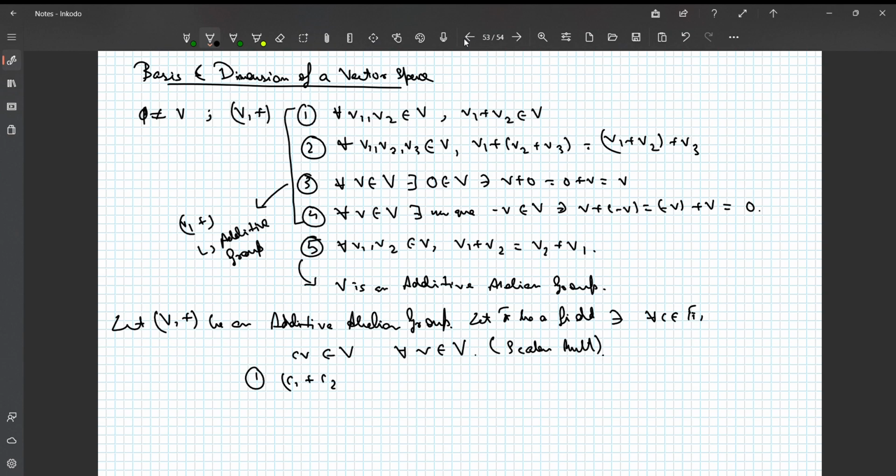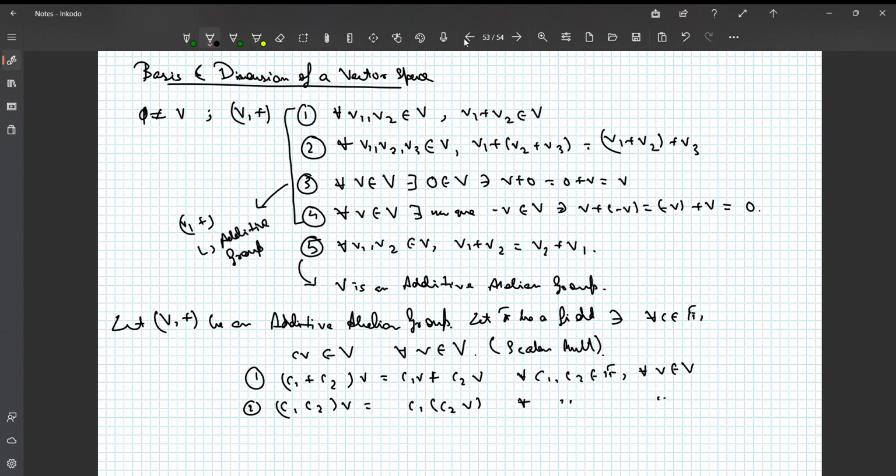That is, for all c1, c2 in F, (c1 plus c2)v is equal to c1v plus c2v. This happens for all c1, c2 in F, for all small v in capital V. Number two, if you have c1, c2 with v, then you can associate them as c1 times (c2v).